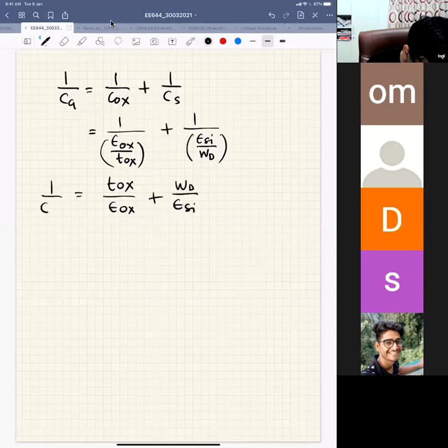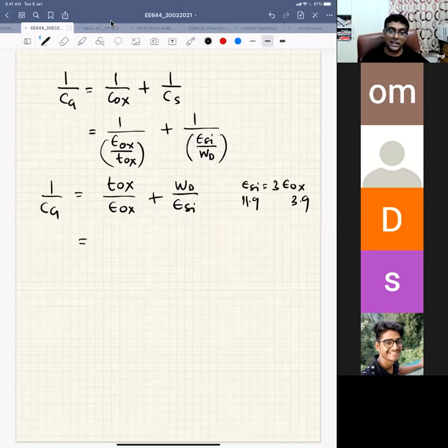This is 1 by Cg, and you know that epsilon Si is almost 3 times epsilon ox, because this is 11.9 for silicon and this is 3.9 for oxide. So you could also write this as 3 Tox by 3 epsilon ox plus WD by 3 epsilon ox.